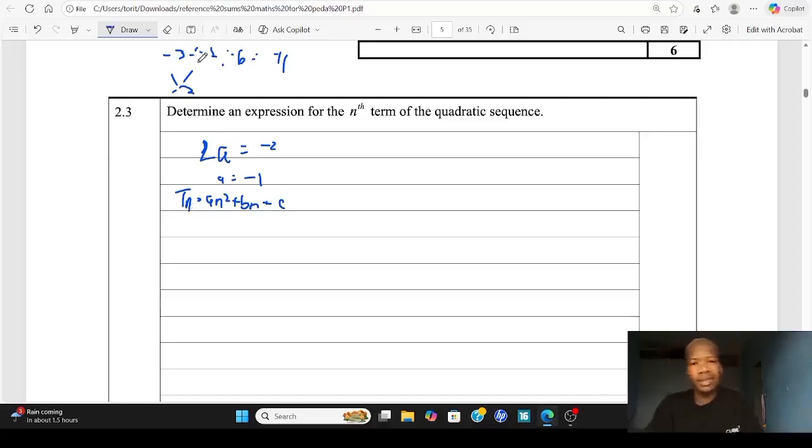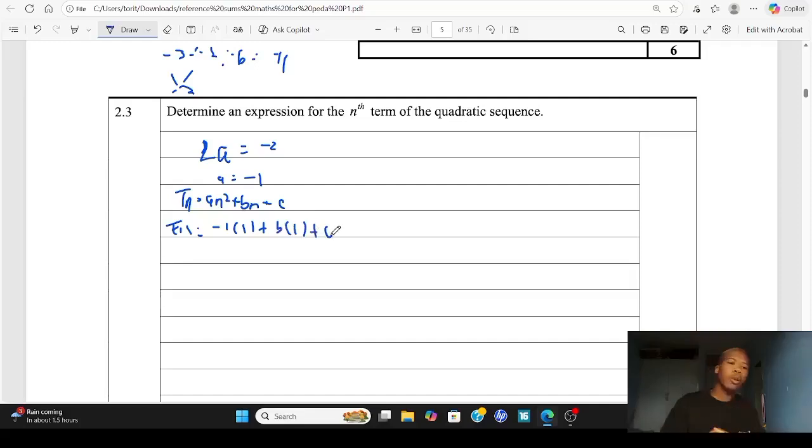T1 is equal to minus 1 plus b times 1 plus c.